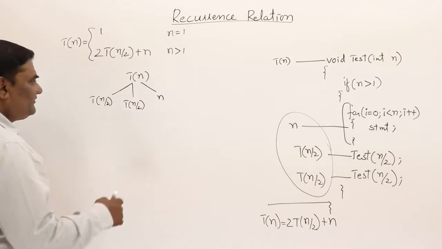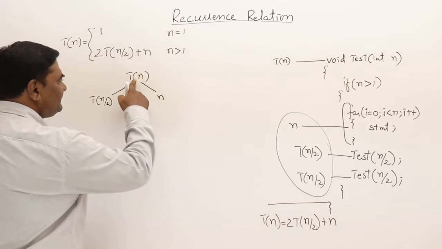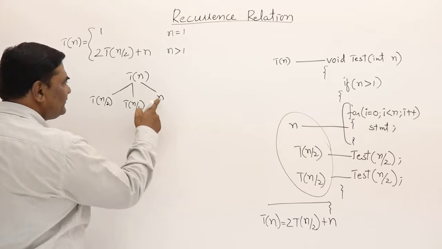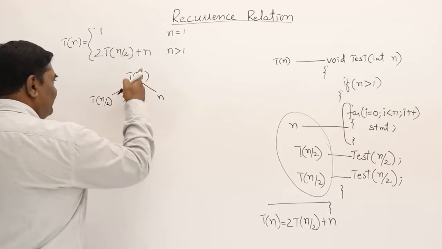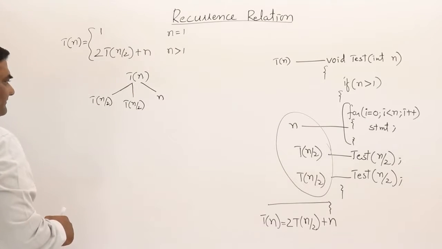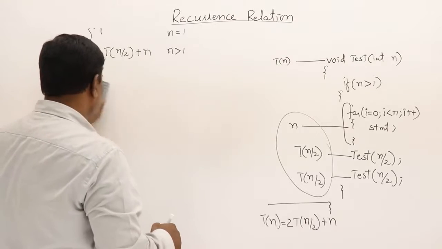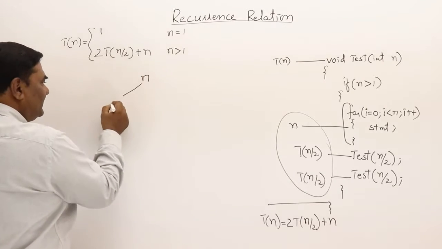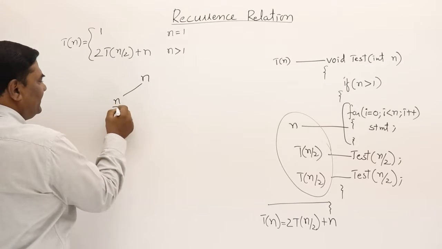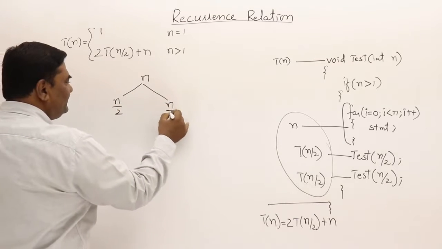To make it simple, see, this is T(n), and 3 steps are there. What is the time of T(n)? Instead of writing T(n), what we do is: the first step is n, then whatever time we get in n/2 and the time taken in the other n/2.